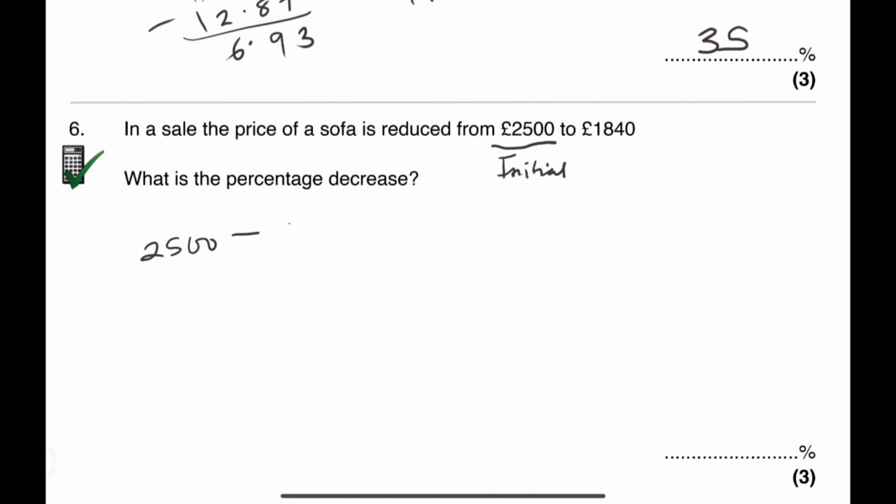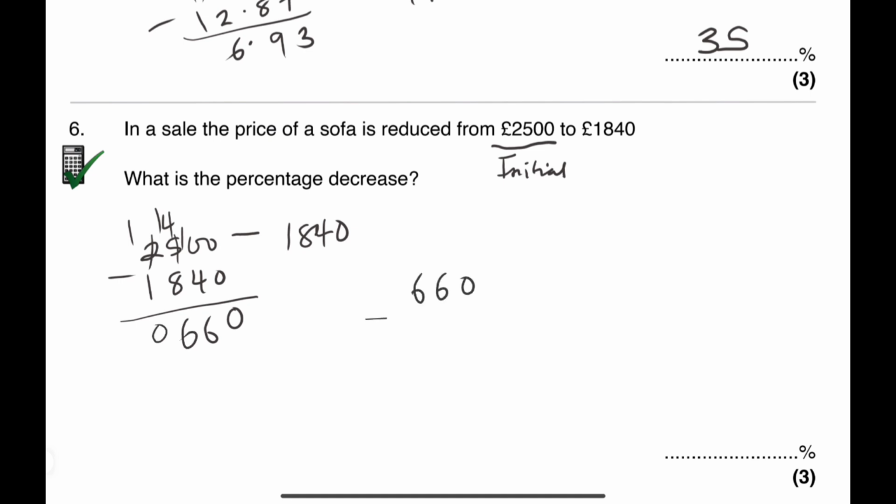We do 2,500 minus 1,840, which is 660. So that's 660 divided by the initial of 2,500 times 100.